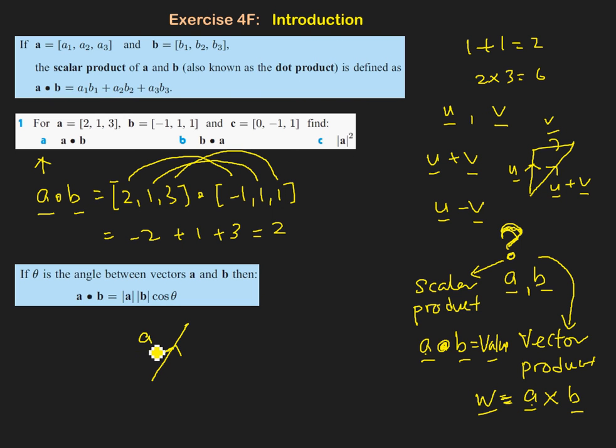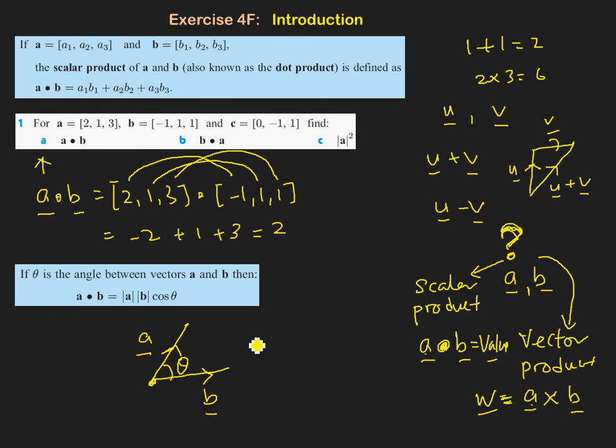We have a vector A and a vector B, both starting from the same point, and surely they make an angle. It could be 0, 180, or 90, but suppose that's any angle we talk about. If we know A, B and theta, they will fit into this relationship. This is a very useful relationship. We'll talk about that later.